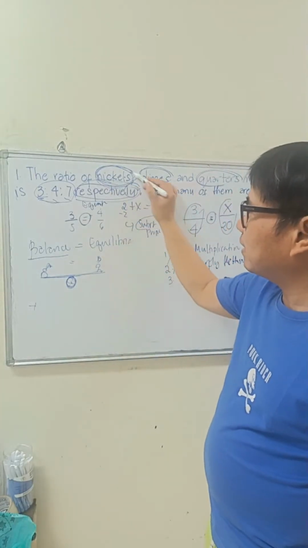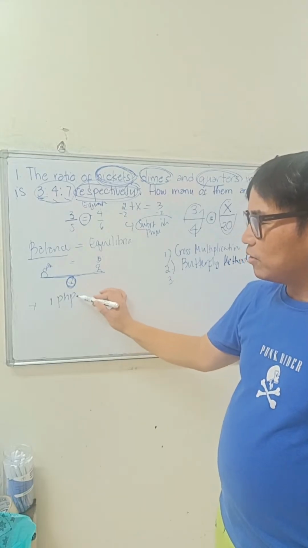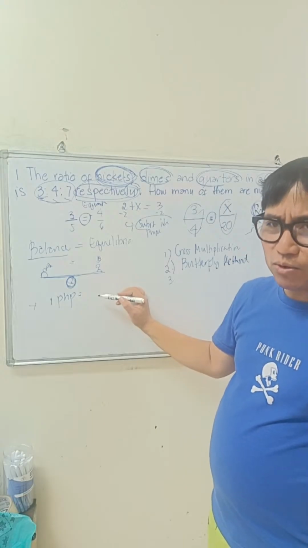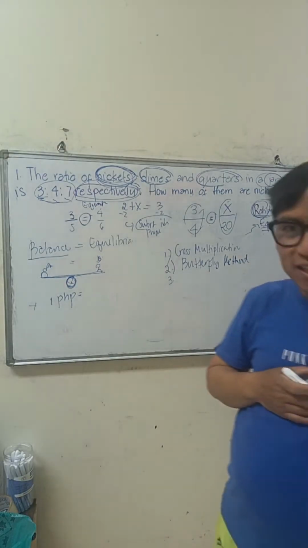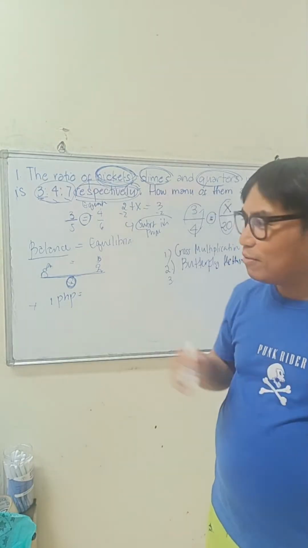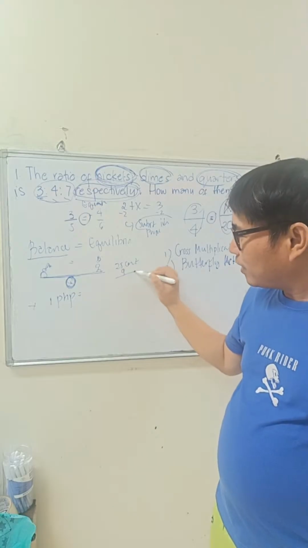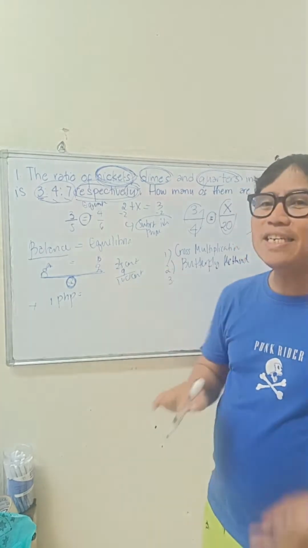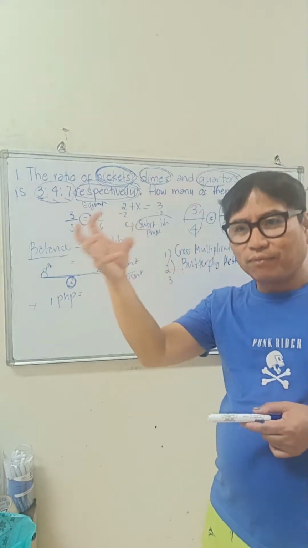So for example, in the Philippines, 1 Philippine peso is equal to, oh my gosh, how many centavos? 100 cents, no? 100 centavos, because 25 centavos times 4. Cents, guys, is the abbreviation of centavos.